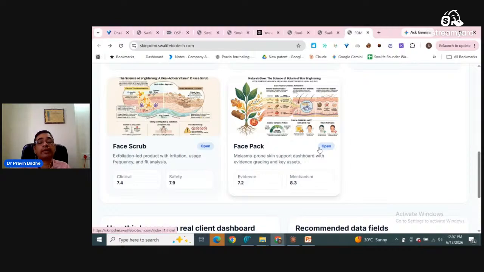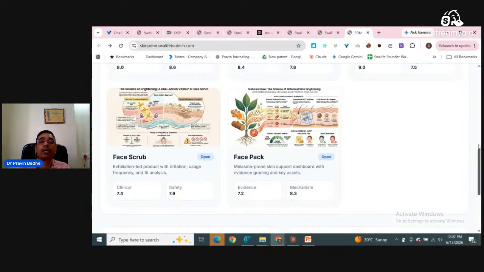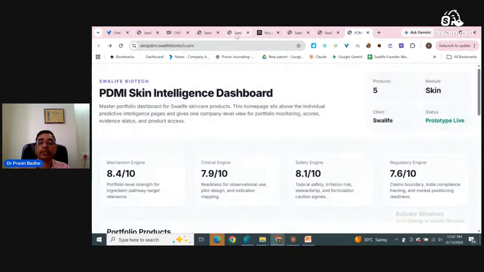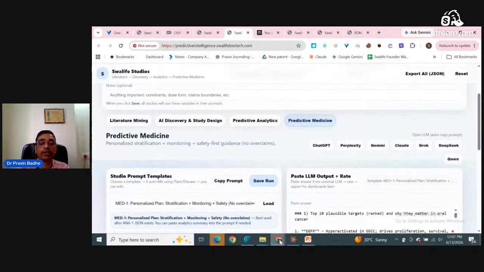So we can tell that if you use this face pack, it might actually work on this target, and it will create an activity in collaboration with the cream or the product which we have got. That way it will be useful for the patient. So that's how the formulation and the tools have been utilized.